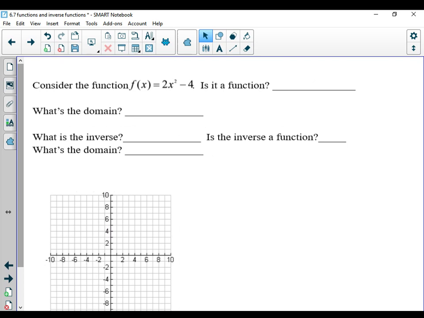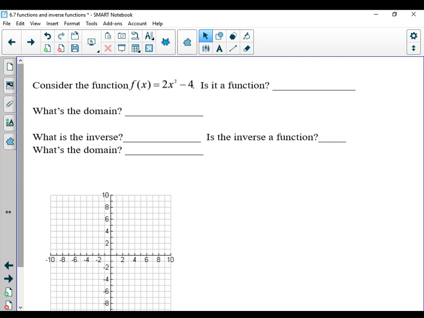Okay. Back in the day, in Algebra 1, we did something to a graph to see if it was a function. What did we do? Oh, the vertical line test, good.